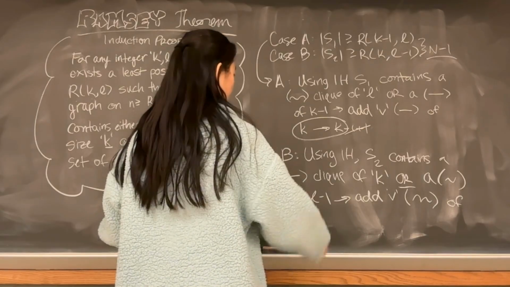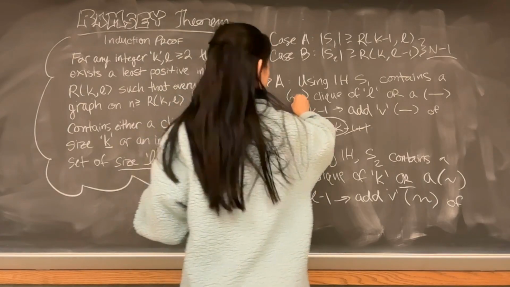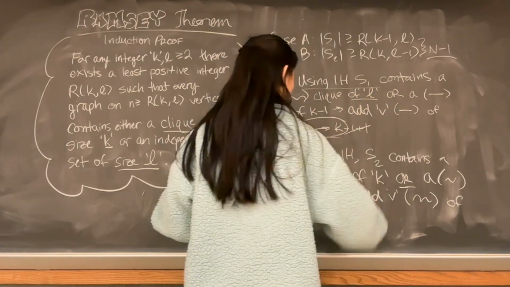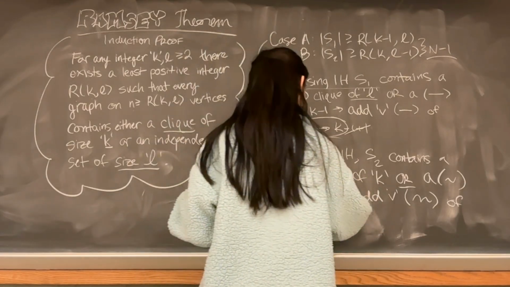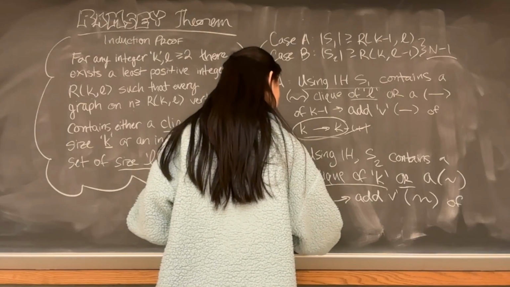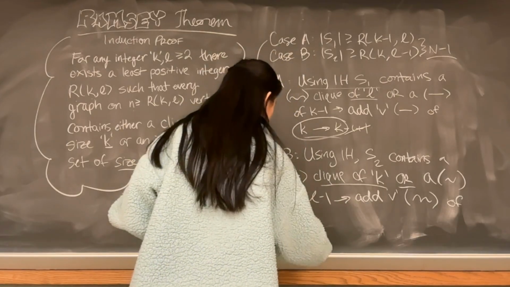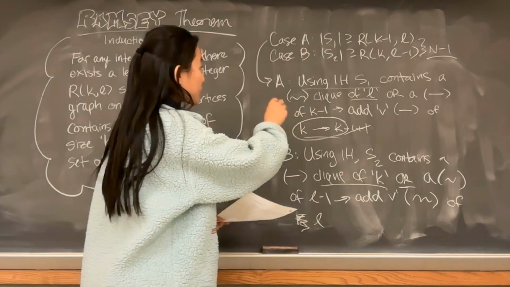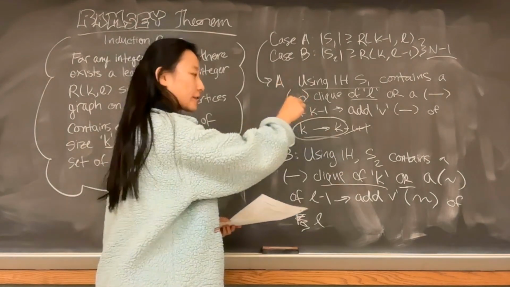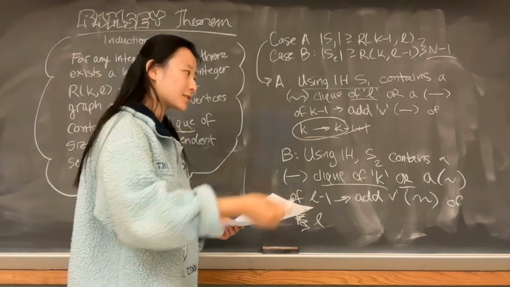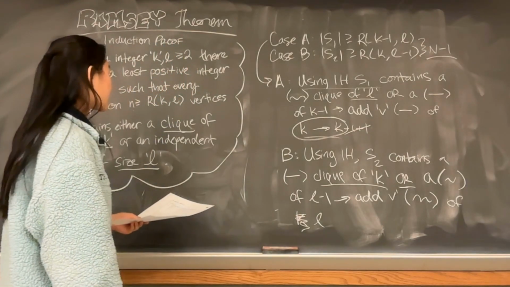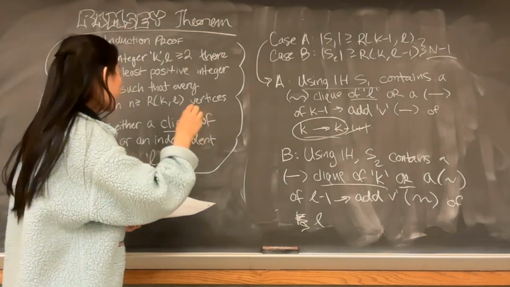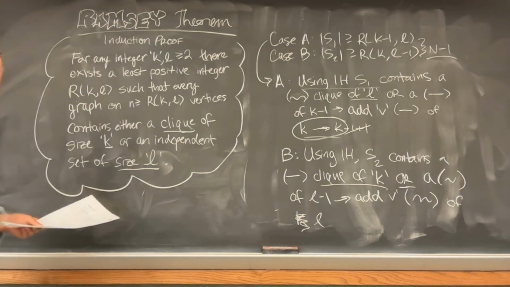So notice the fact that this is verified for both cases, whether you have a clique of L or a clique of K, and case B is verified for whether you have a clique of K or a clique of L. Oh, this one has to be an L. Sorry about that. So since both of these show that regardless of your situation, you're going to have a clique of K or L, this shows that both of these are finite, they exist, and more importantly, it shows what we were wanting to prove.